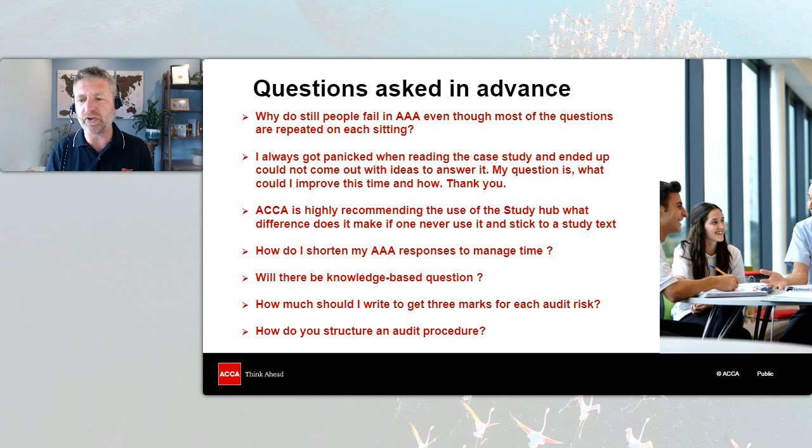Nilufer has asked, can I calculate the wrong materiality if I'm able to justify it? It's a hard question to answer, Nilufer, because it should be really simple to calculate materiality. If it's PBT, you take the PBT figure and times it by 5% and times it by 10%. So you shouldn't really get it wrong. But if you did, for some reason, you make a calculator mistake, then you'll lose the mark for the calculation.